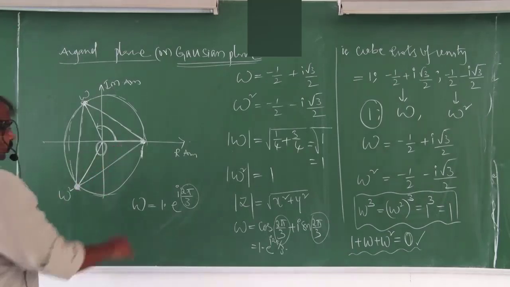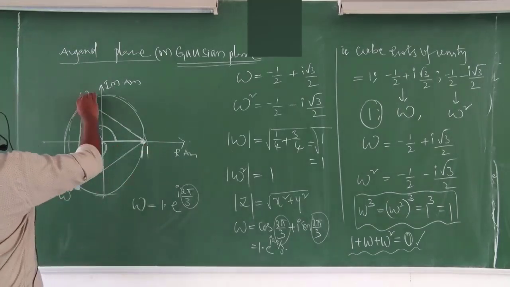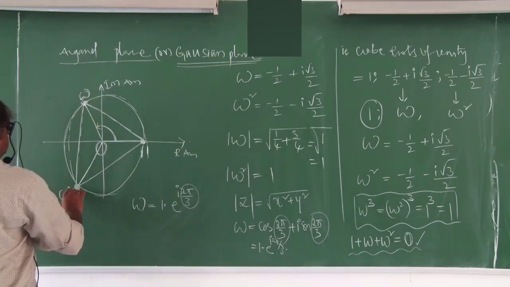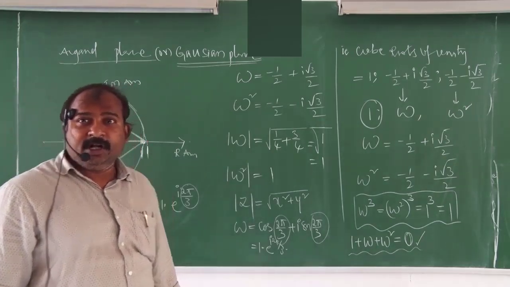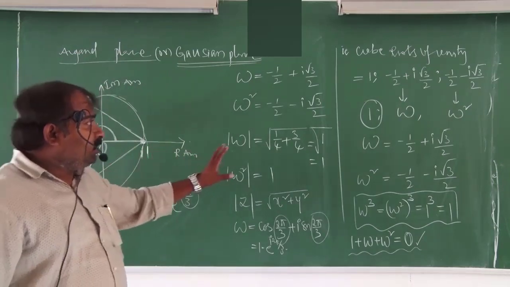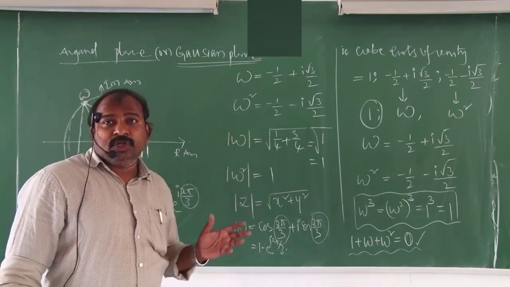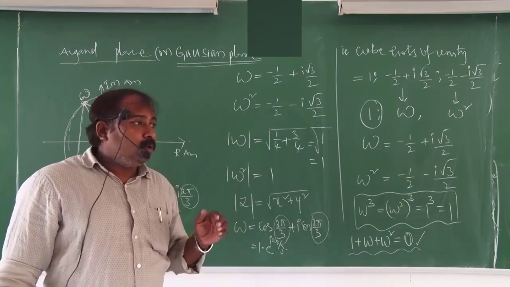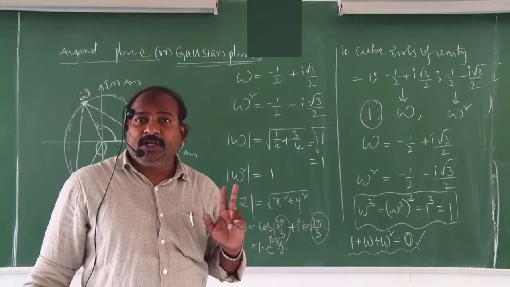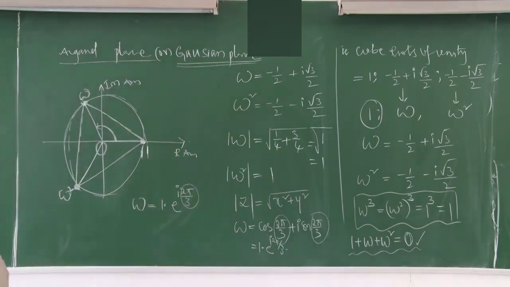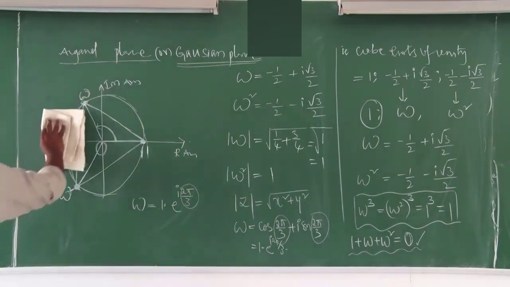So this is completely regarding the cube roots of unity. Now, next concept: how you can find the fourth roots of unity. Fourth roots of unity means, listen all of you.